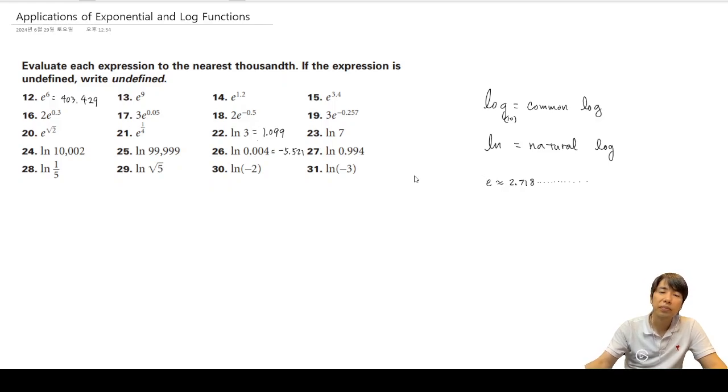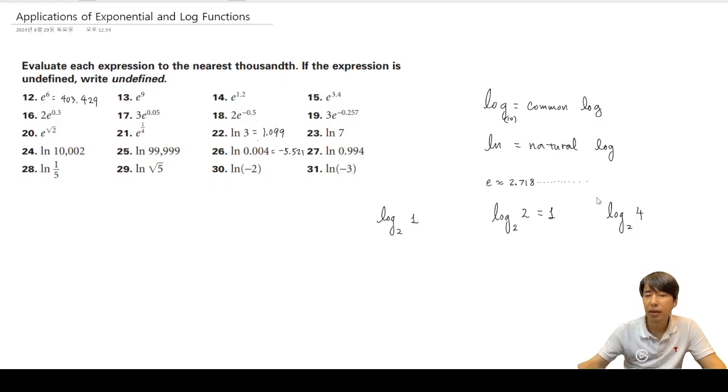Anyway, whenever you have a log, remember, if we have log base 2 and the number inside is 2, that evaluates to 1. I'm going to show you two more. Log base 2 of 4, log base 2 of 1, and one more, log base 2 of 1/2.